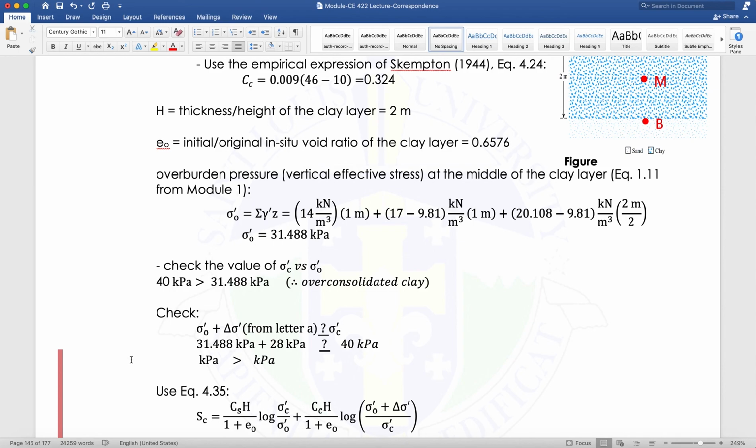So we check our overburden pressure plus our uniformly distributed load if it is greater than or equal to our pre-consolidation pressure.